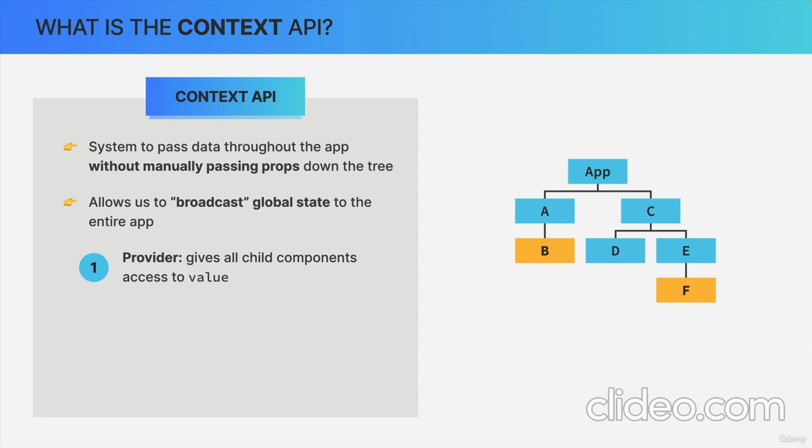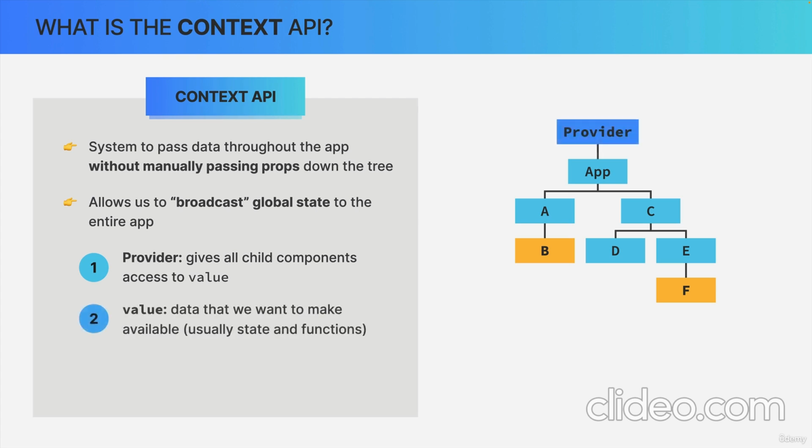And this provider can sit everywhere in the component tree, but it's common to place it at the very top. Now, this value that I was talking about is the data that we want to make available. So the data that we want to broadcast through the provider. And so we pass this value into the provider. Usually, this value contains one or more state variables and even some setter functions.